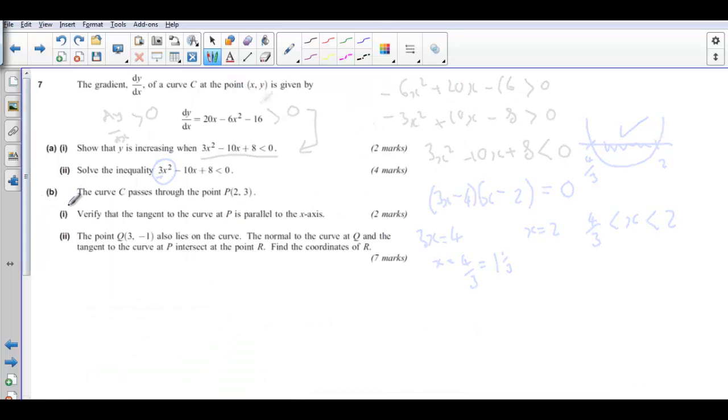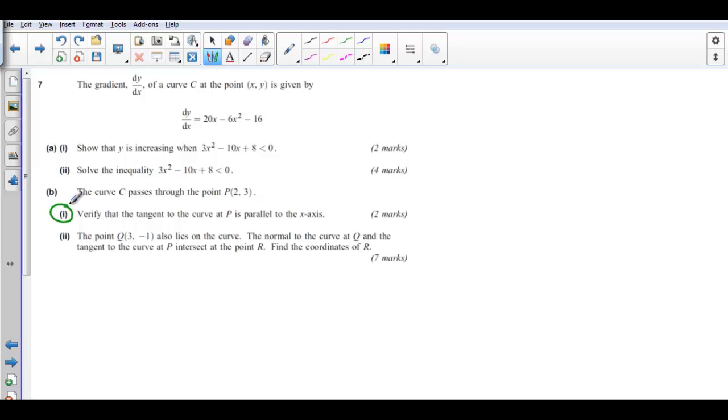Easy marks. B part 1. The curve passes through the point (2, 3). That's our x value, that's our y value. Verify that the tangent to the curve is parallel to the x-axis. If it's going to be parallel to the x-axis, then the gradient must be 0 because it's flat. So we're looking for dy by dx to be 0.